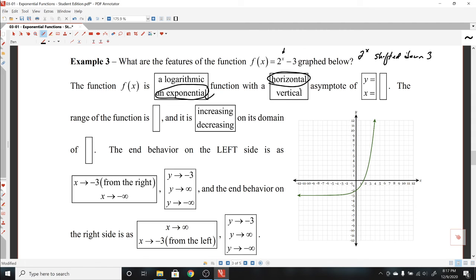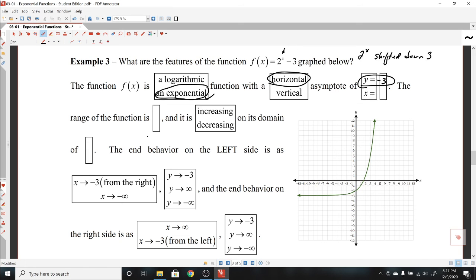So 2 to the x would have a horizontal asymptote of the x-axis, y equals 0. This is going to have a horizontal asymptote of, I'm just going to write over this, y equals, and you'd have to plug in -3.